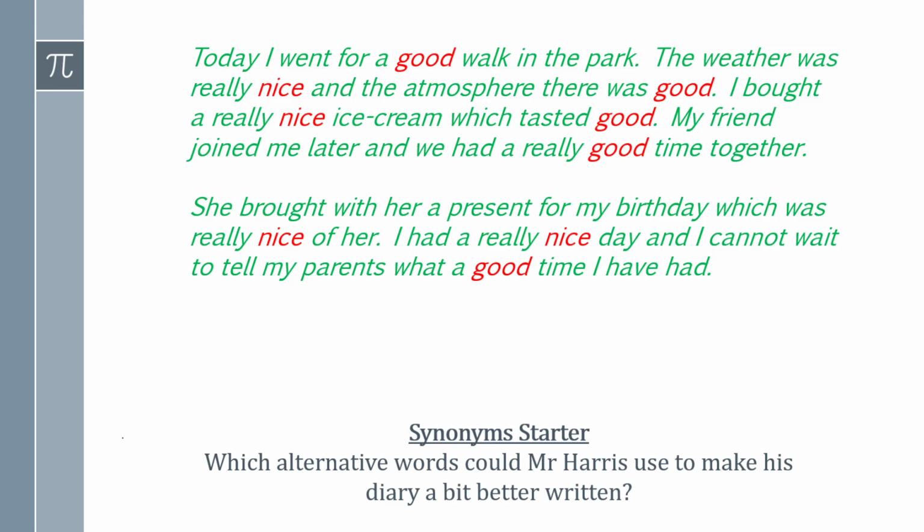My friend joined me later and we had a really spiffing time together. I don't think I'd ever say spiffing. A really wonderful time together. She brought with her a present for my birthday, which was really thoughtful of her. I had a really enjoyable day and I cannot wait to tell my parents what a pleasant time I have had.